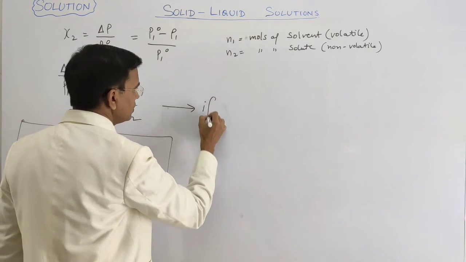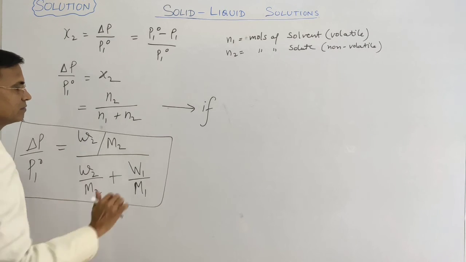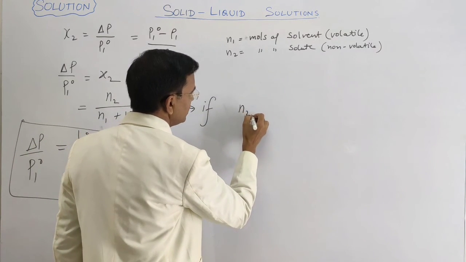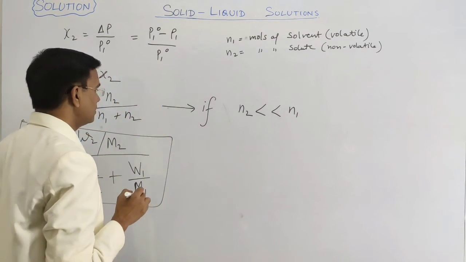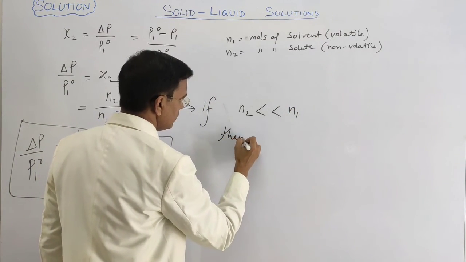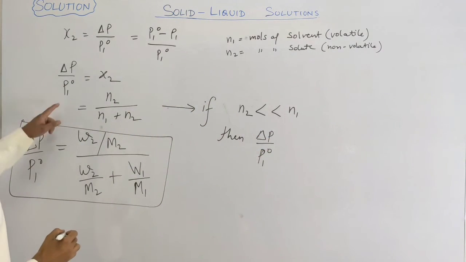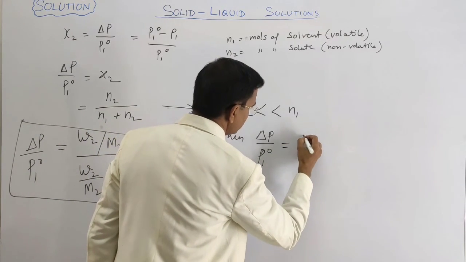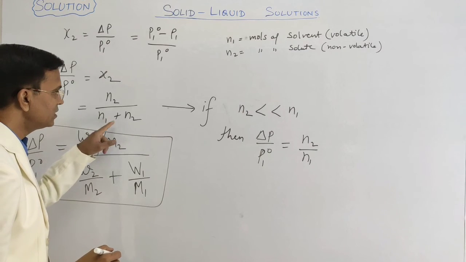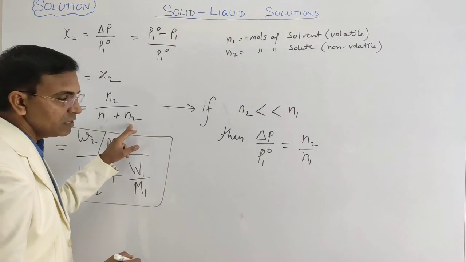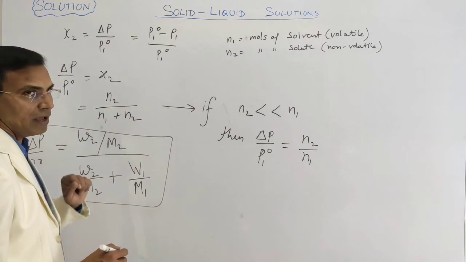Now if the solute is very small compared to the solvent, if n2 is very much less than n1, then ΔP/P1° = n2/n1, because n2 may be neglected in the sum n1 + n2. If n2 is very much less than n1, then n1 + n2 may be taken as n1.